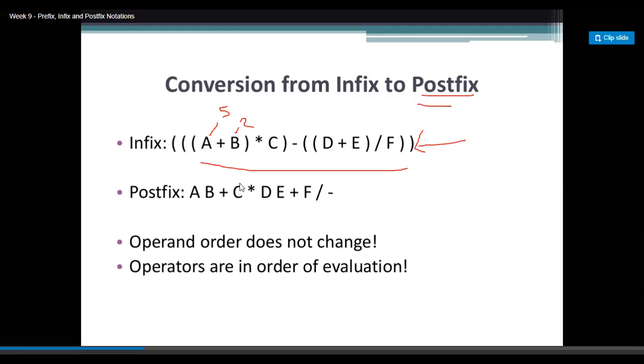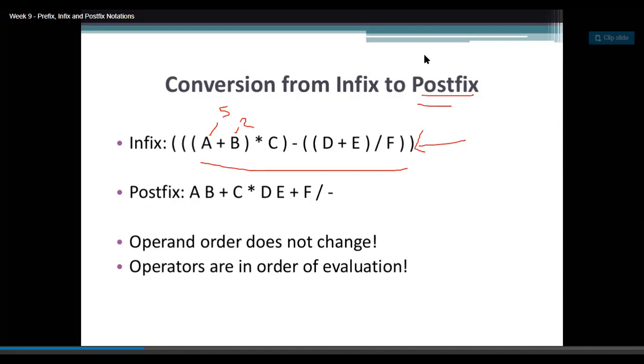So the plus one would be used first, then this plus. These are in sequential order, with just one change: this subtraction is at the last. Why is this operator last? Because, as you can see from this point, operators are in order of evaluation.